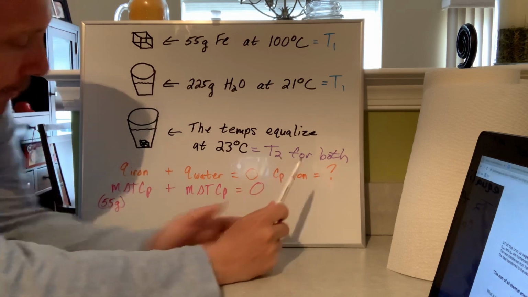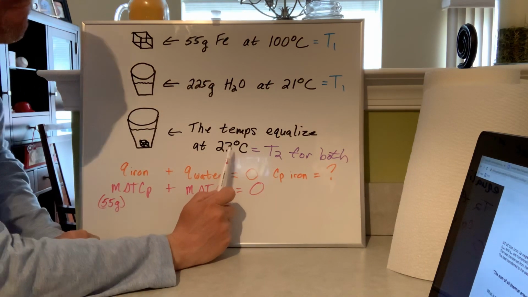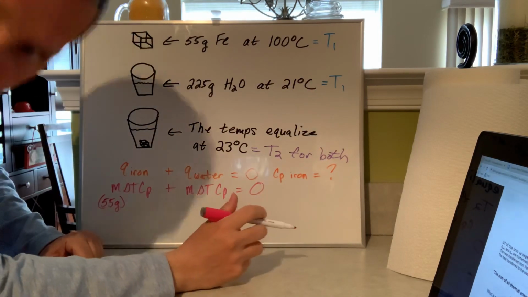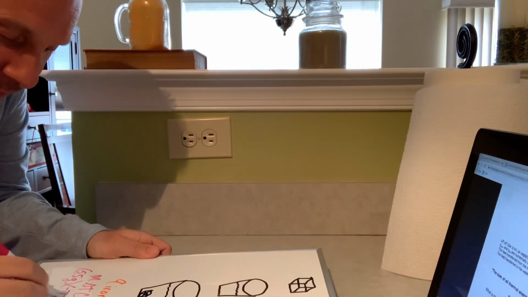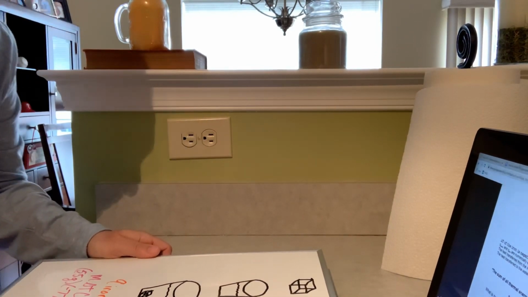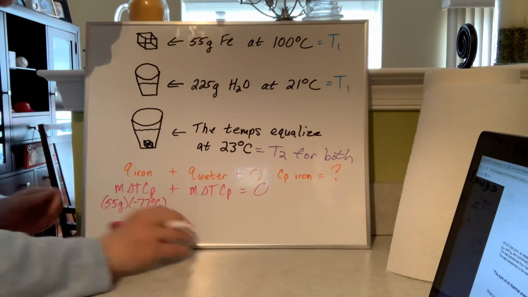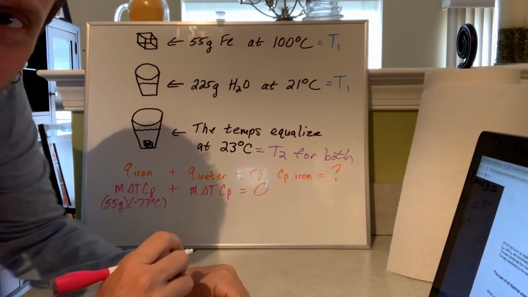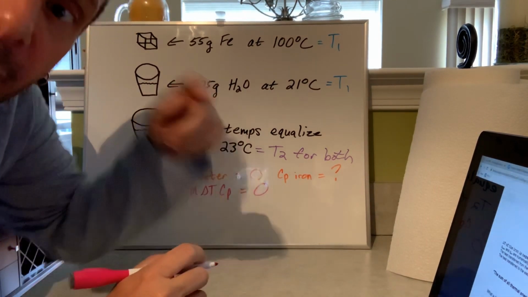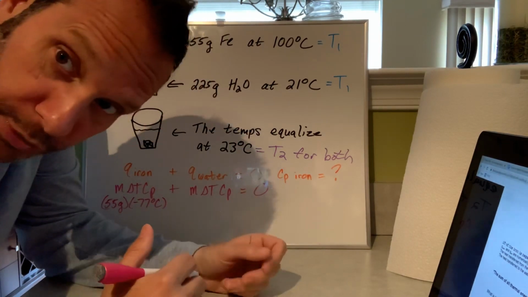So for the delta T of the iron, we're going to do T2, which is 23, minus T1, which is 100. 23 minus 100 is negative 77 degrees Celsius. Now remember, negative does not always mean less than 0. Negative means, in this case, the temperature dropped 77 degrees Celsius. It's important to know the difference between those two.